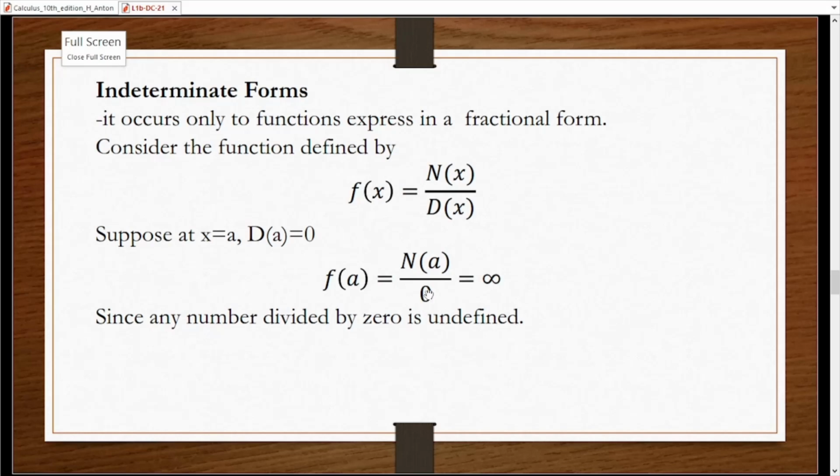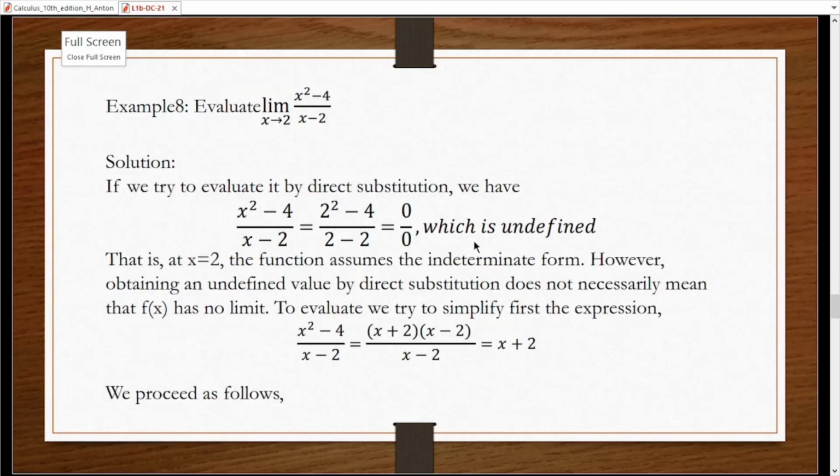So, therefore, yung function natin becomes undefined. So, let's have some example. If we are going to evaluate the limit of x squared minus 4 divided by x minus 2 as x approaches 2, kung gagamitan natin siya ng direct substitution, magiging undefined yung limit natin.